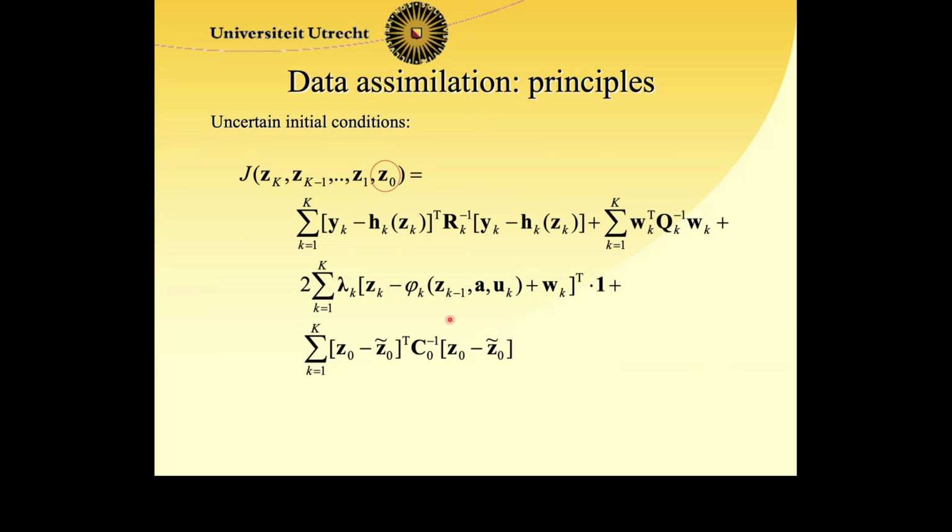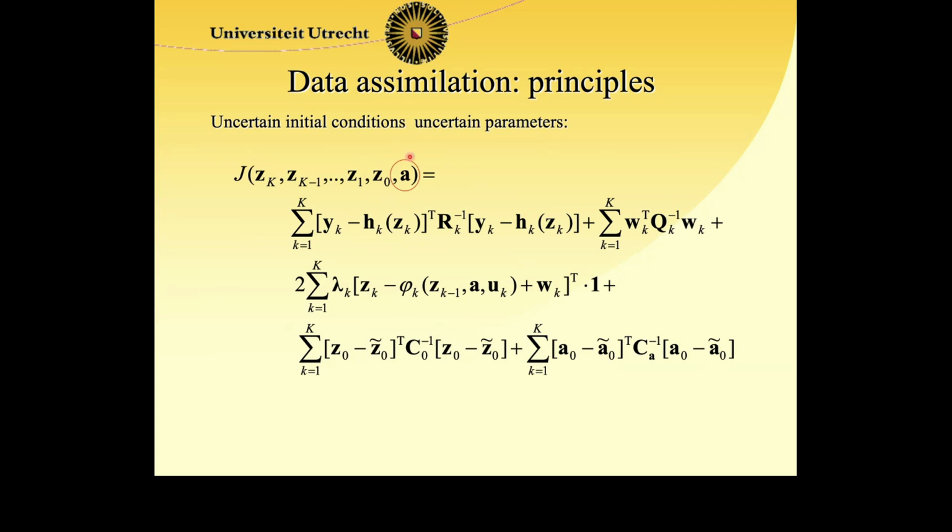It may also be that the parameters are unknown. So if the parameter is also unknown, we get an additional term in our optimization criterion that minimizes the difference between our a priori estimate of the parameters and the unknown parameters. And actually, if we minimize this whole shebang, then we're not only getting the optimal adjoint state or optimal state, zk, but we also get for free an optimal estimate of the parameters.